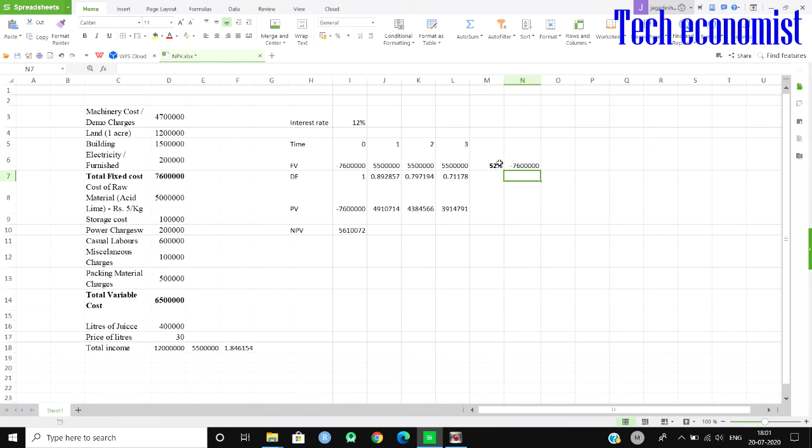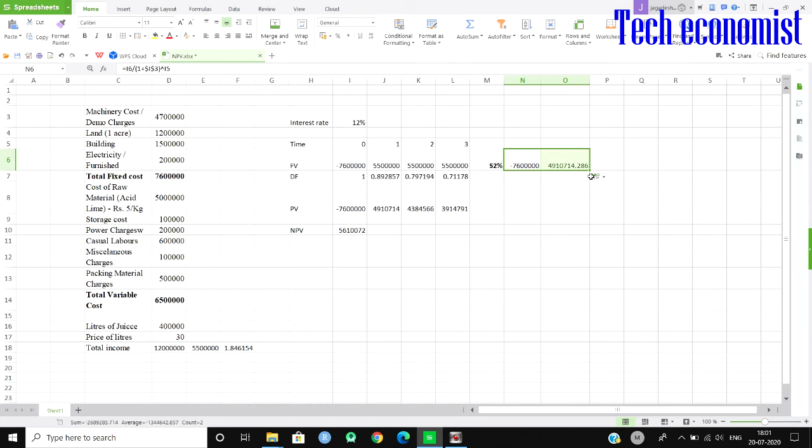In a similar way we have to calculate it for each year. I'll add the dollar symbol so that the reference is fixed. Next year this is going to be our present value, and likewise for the following years. These are the present values of your future money.